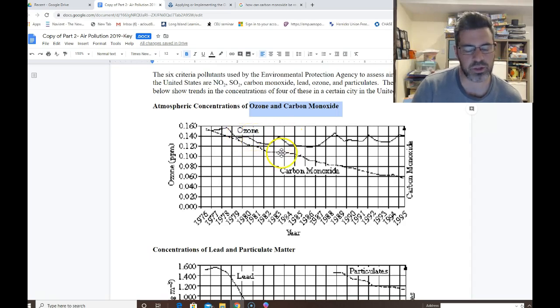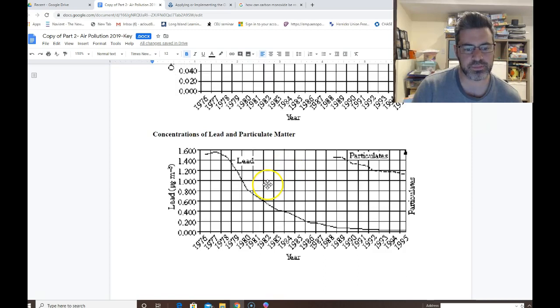We can do that first. We're doing lead. We're going to go to lead. 1978, we're at about right in between 1.4 and 1.6, so I'm saying 1.5. And then in 1988, making my way this way, ballpark it. I have 0 at 0.2, 1988 right in between. Let's go 0.1. That makes sense to me.